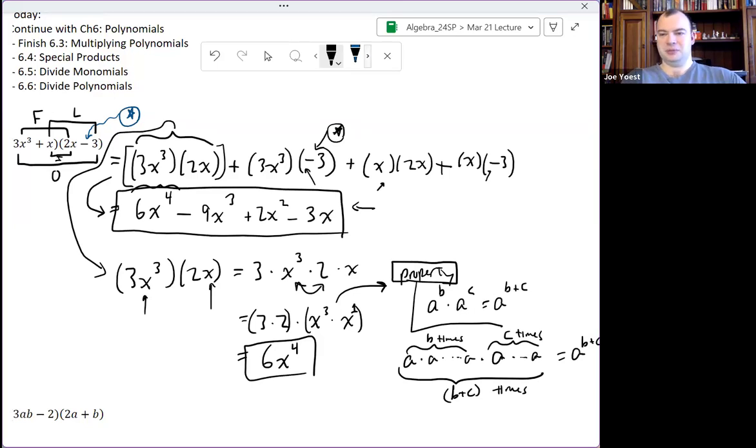And we would do something similar for these next 3 terms also. This next term doesn't have any second factor with x's in it, so the x cubed just comes down. And then the 3 times minus 3 gives me the minus 9.